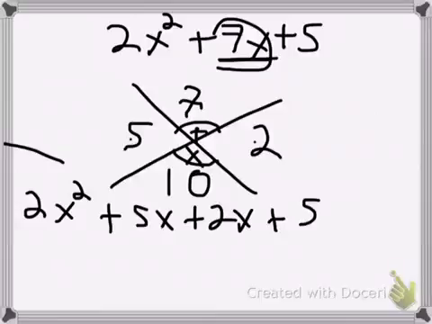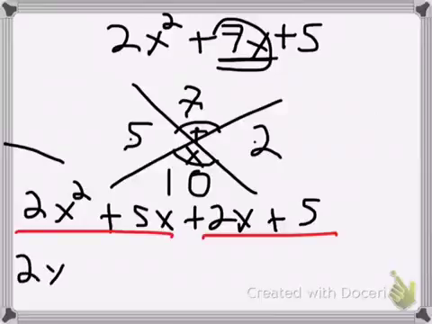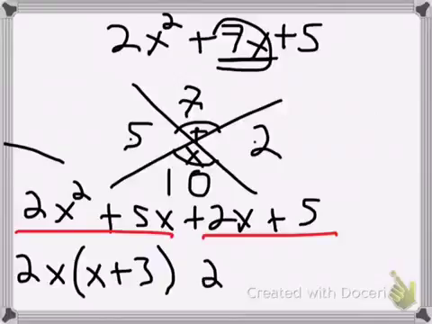And we have to factorize them by grouping. We're going to take this group and this group. So we have 2x times x plus 3, and we have 2 times x plus 3.